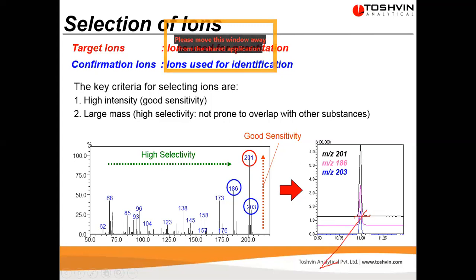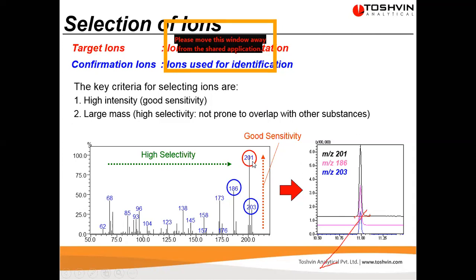So always remember that whenever you break a molecule, it has its own unique fragmentation pattern. It will always break in that pattern only, in that intensity ratio only. So that's why we can use the other two ions for confirmation purposes.